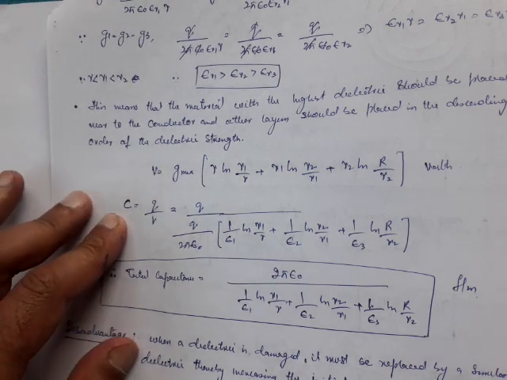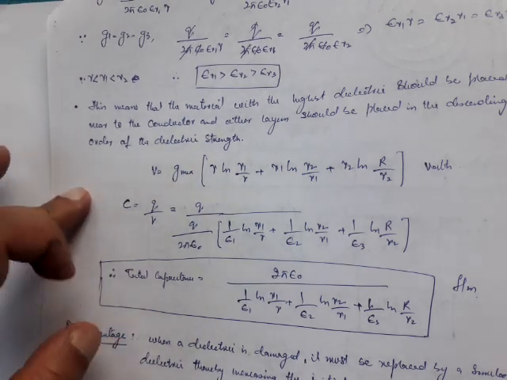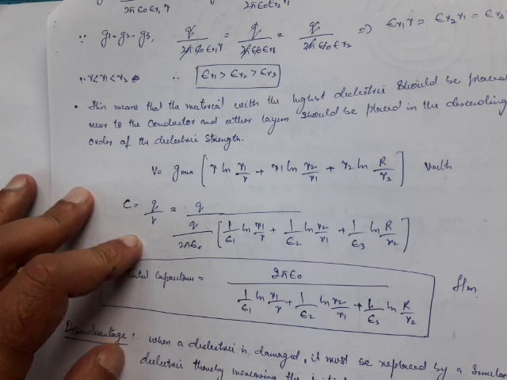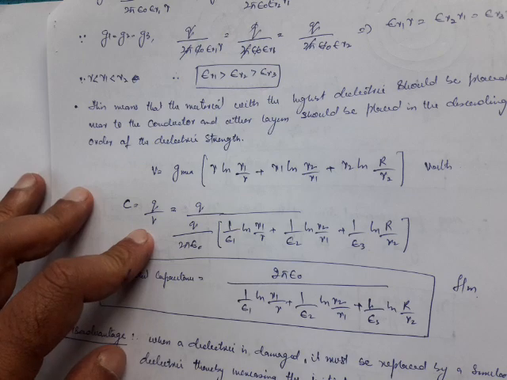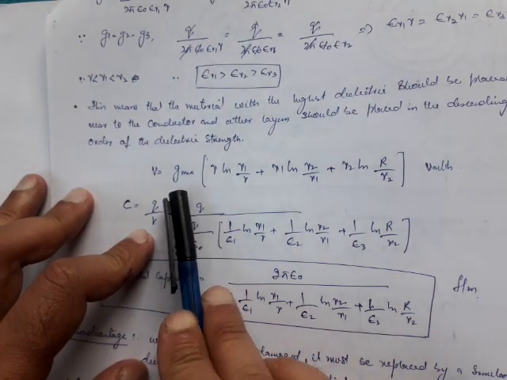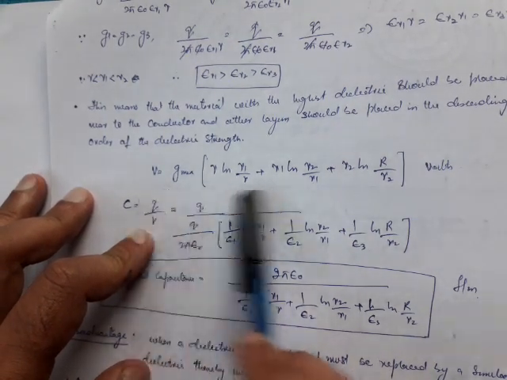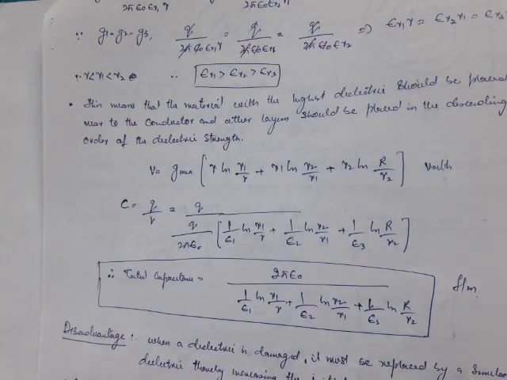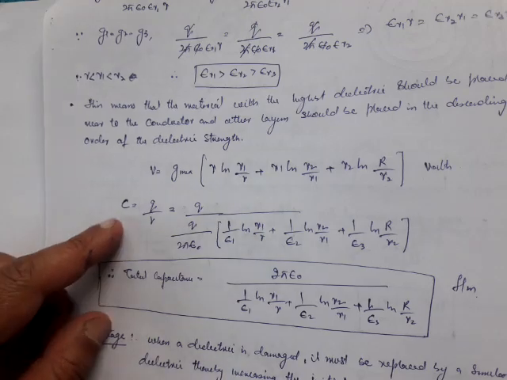And now, the capacitance of this type of cable can be calculated like this: C is equal to Q by V. And what is the value of V? V is equal to this, as you have already written over here. And from this you can calculate the value of capacitance.